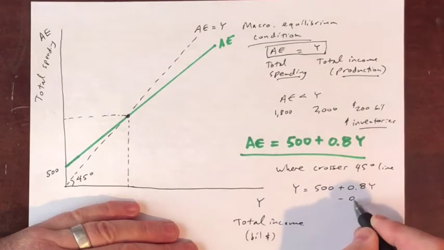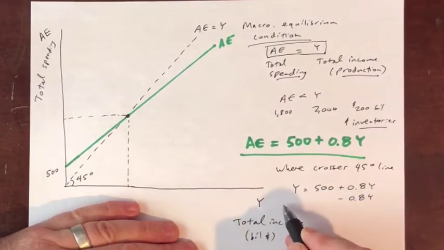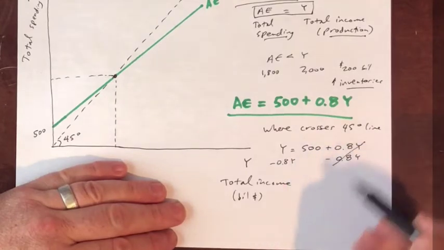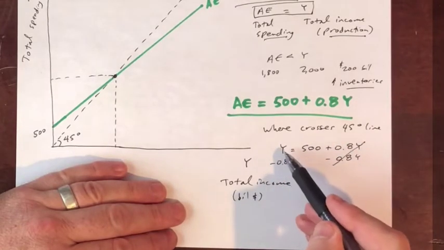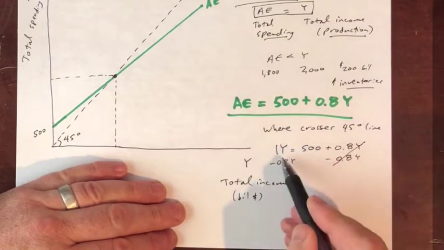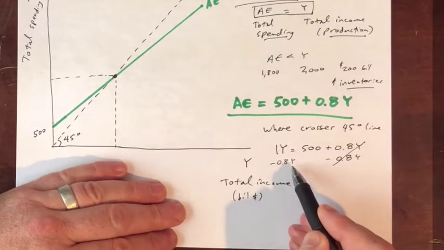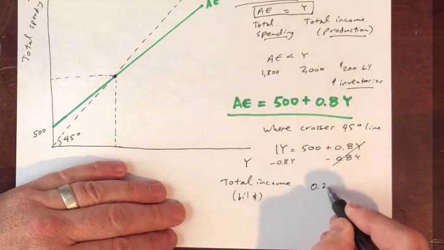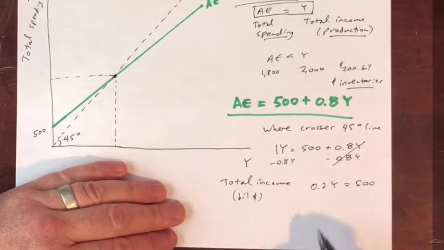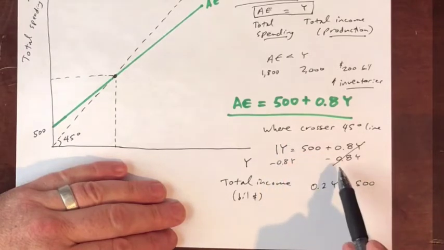We can subtract 0.8Y from both sides. This one's going to drop out. Now, Y by itself is 1Y, so 1Y minus 0.8Y gives us 0.2Y. 0.2Y equals 500. That's what we've come to.